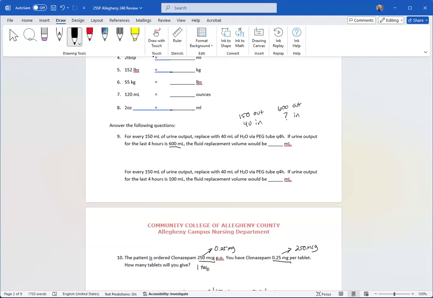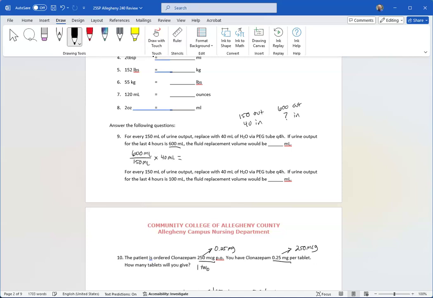What I've told students to do is take whatever the patient actually voided, the 600, over the expected output, so you're comparing your outputs to one another, and multiply it by the replacement volume.